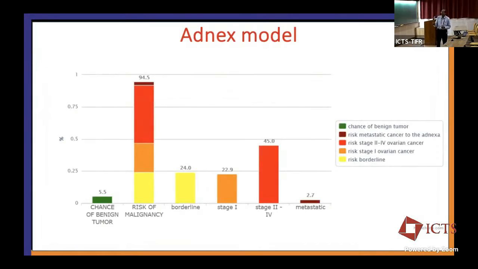The risk of malignancy is 94.5%, and the chance of benign tumor is 5.5%, borderline is 2.4%, stage 1 is 20%, stage 2 to 4 is 45%, metastatic is 2.7%. Finally, this turned out to be a clear cell carcinoma of the ovary. So the ADNEX model is now being routinely used, but it has a high potential for improvement, making it better and better.